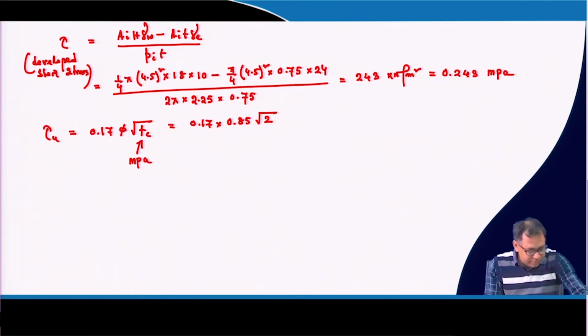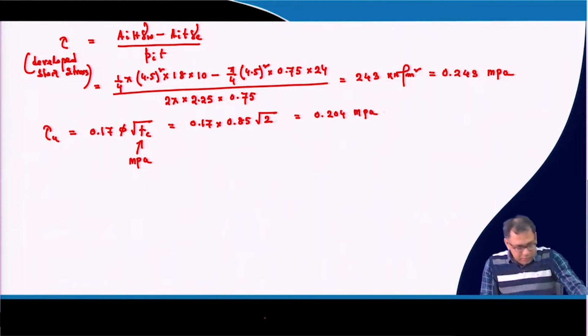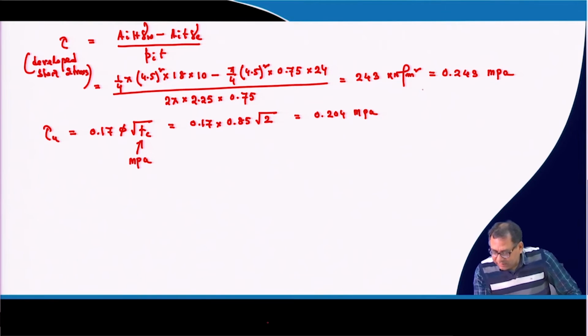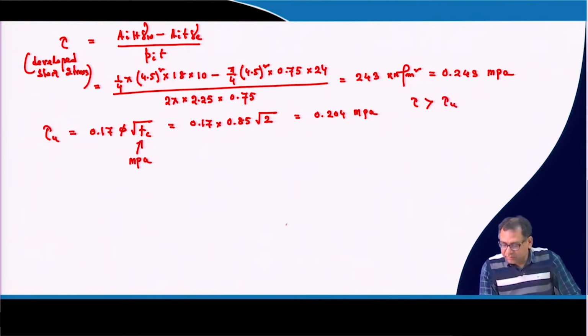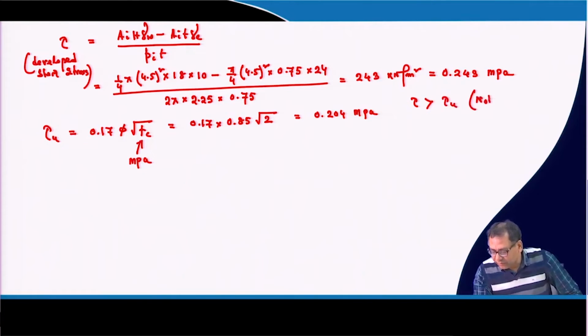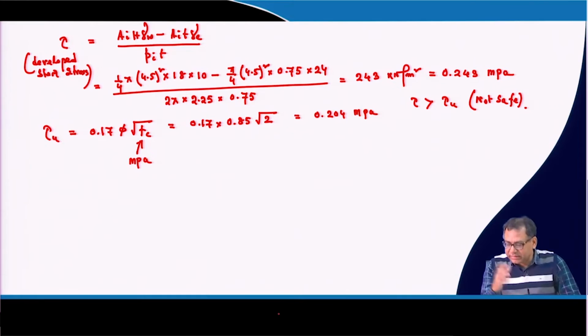So, we are putting 2 and that is coming out to be 0.204 MPa. So, you can see that tau is greater than tau u. So, it is not safe, because the shear stress which is developed is greater than the permissible shear stress.